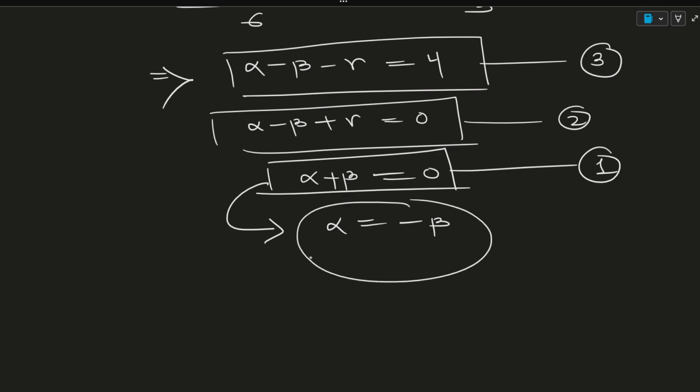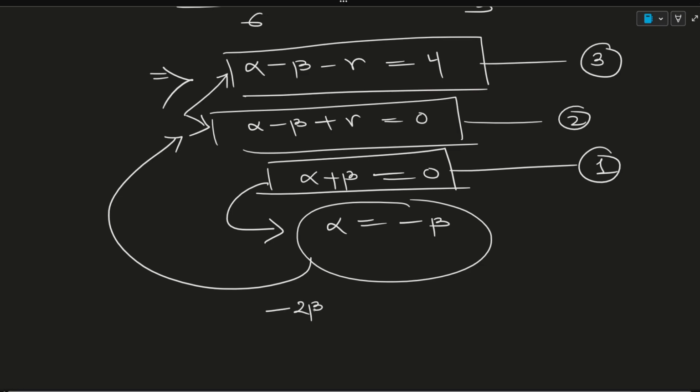After getting alpha equal to minus beta, we will apply this in the other two equations. Equation 2 reduces to minus 2 beta plus gamma equal to 0, and equation 3 reduces to minus 2 beta minus gamma is equal to 4.